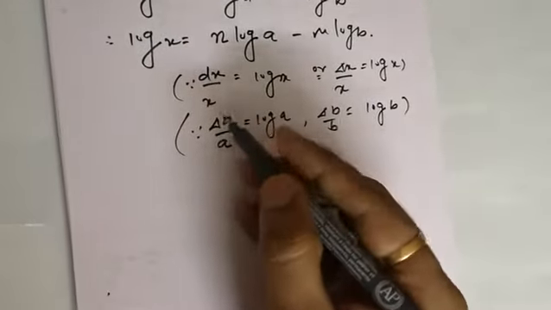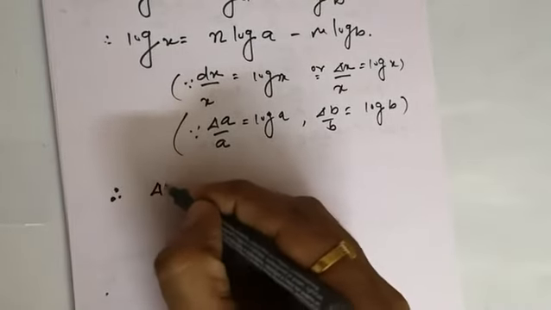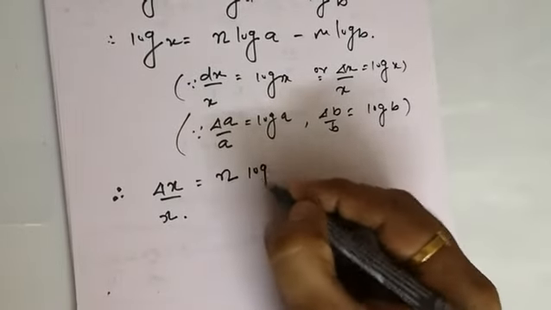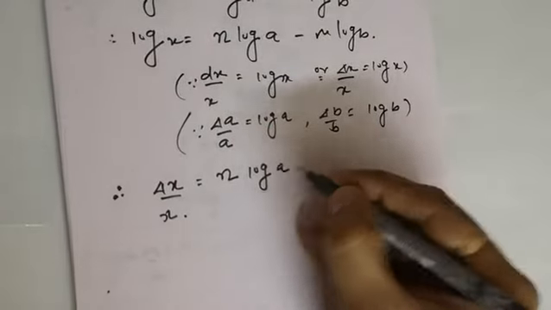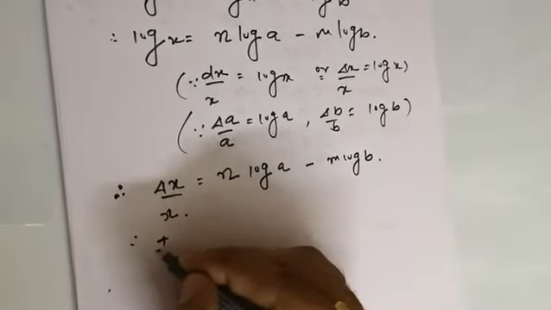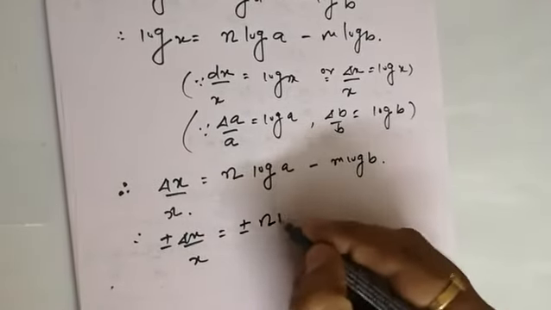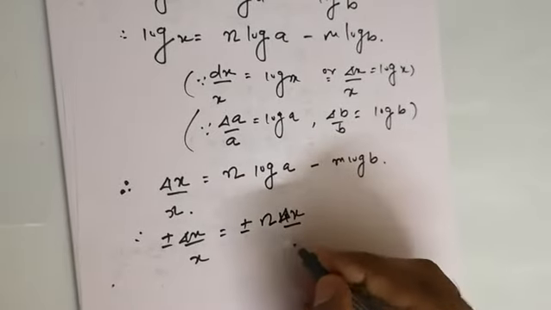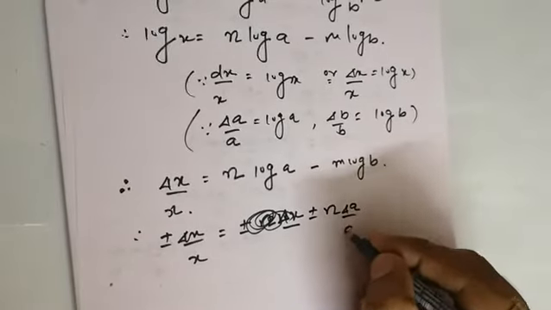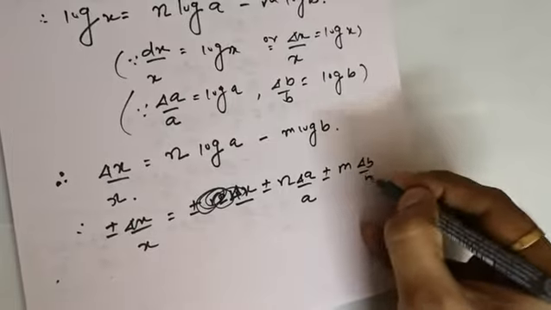In differentiation you will learn such things about powers. So we have delta x by x equals n times log of a minus m times log of b. But we have to place delta x by x, so I can have plus or minus n times delta a by a, and then plus or minus m times delta b by b.